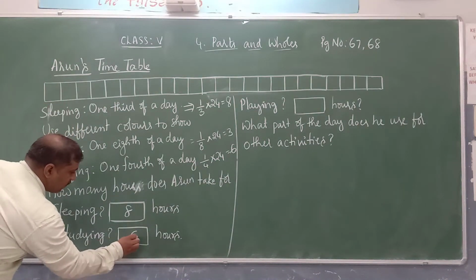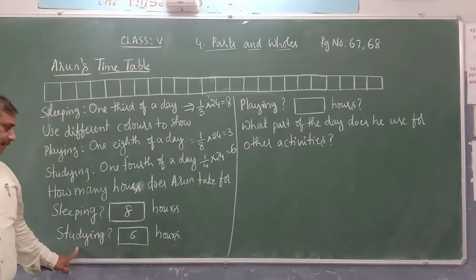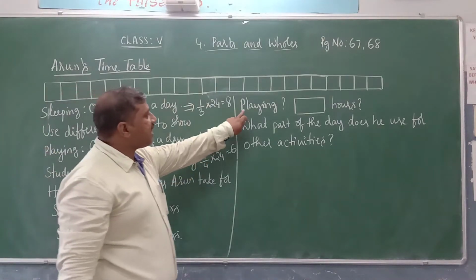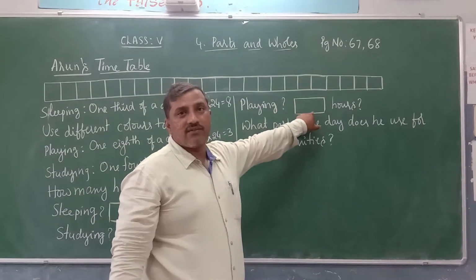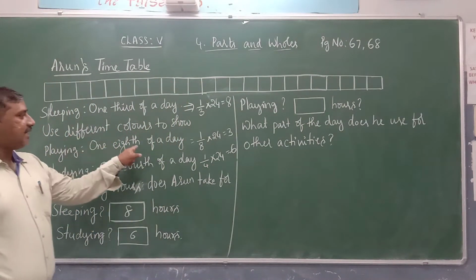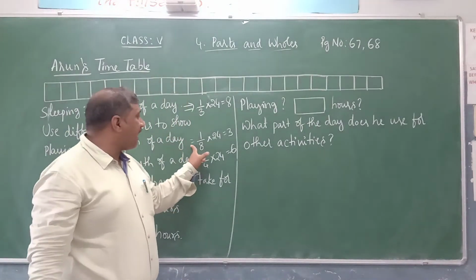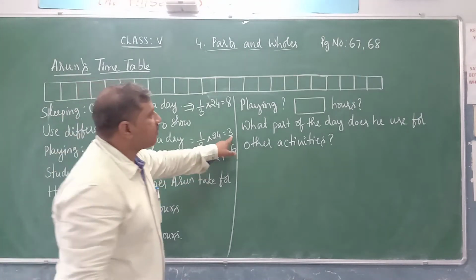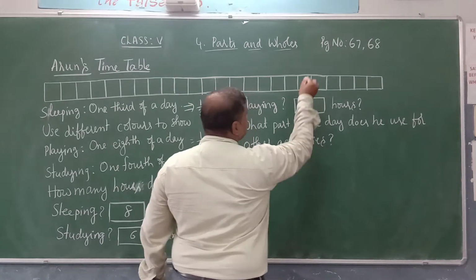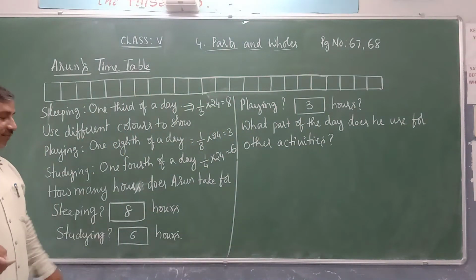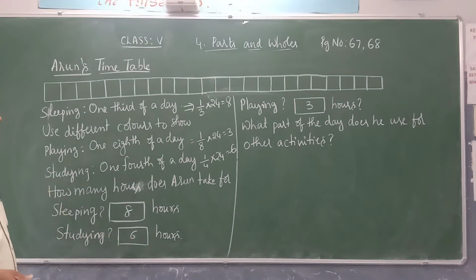Now the third activity is playing. How much time is he using for playing? It is 1/8 of 24 hours, which is 3 hours. So he spends 3 hours for playing, 8 hours for sleeping, 6 hours for studying.